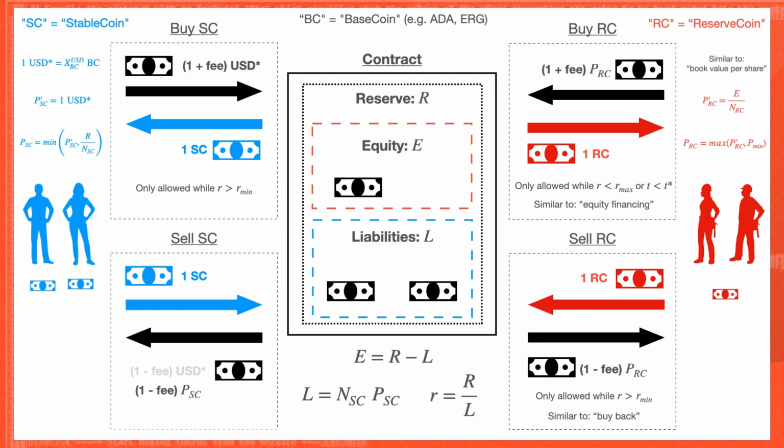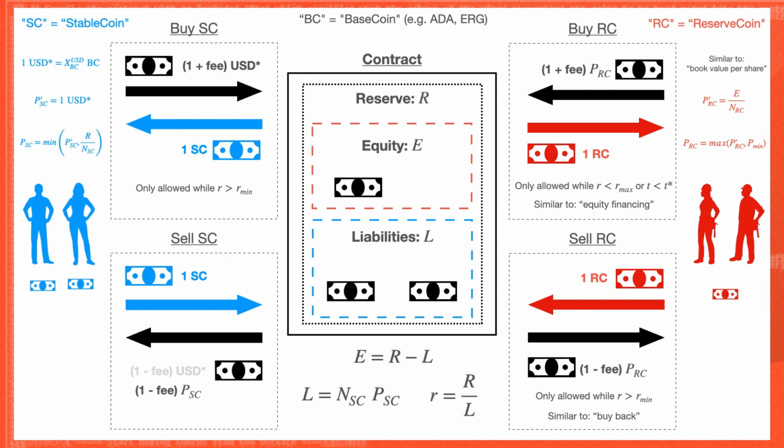But the greater the reserve ratio, the more the interests of the reserve coin holders are diluted. Remember that an incentive that the reserve coin holders have is that thanks to the buyback, they are able to collect profits from the contract. As people interact with the contract, fees are accumulated, and later these fees can be obtained by the reserve coin holders when they sell their reserve coins.